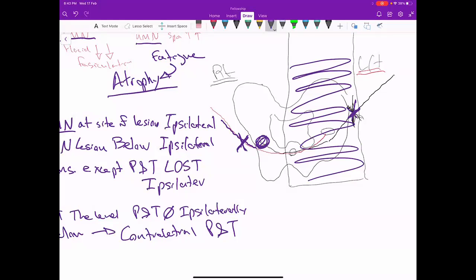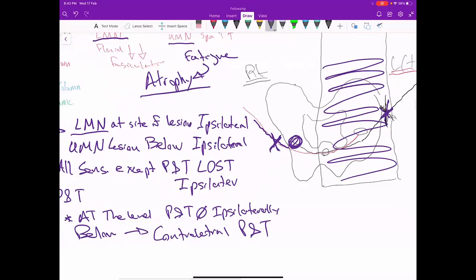So that is why at the level of the lesion, it is still ipsilateral. It doesn't matter, okay? Because it got damaged before it even gets to decussate to the other side. On the site where the sensory information is being taken to be processed by the contralateral spinothalamic tract, that nerve is gone. There's no messages.